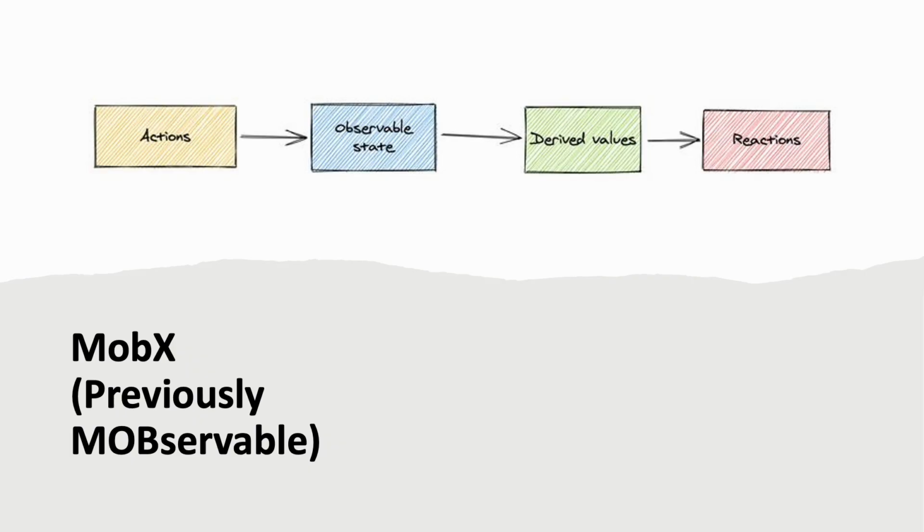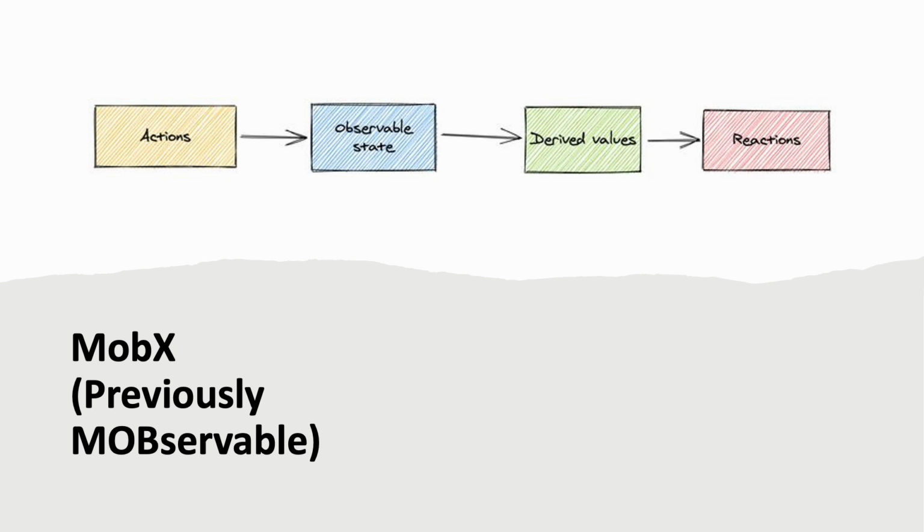Now we come to MobX, previously Mobservable. Around the same time, Michel Weststrate was starting work on a visual editor. He was not happy with React's performance when thousands of elements had to be updated simultaneously. To solve this issue, he turned to observables, which was a concept used by several other UI frameworks.